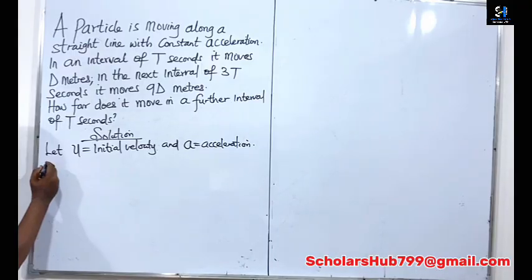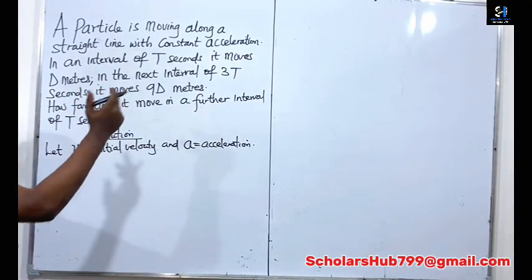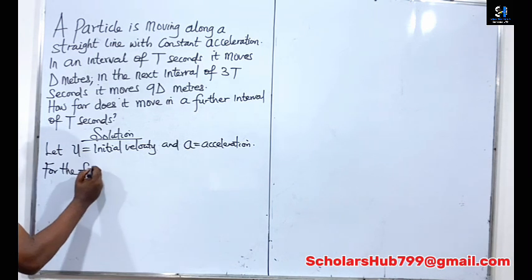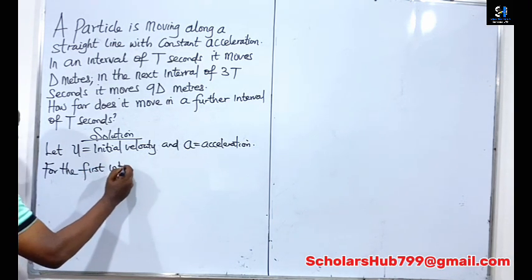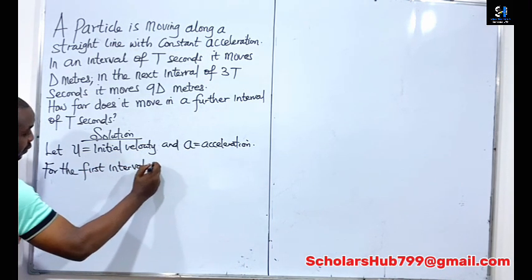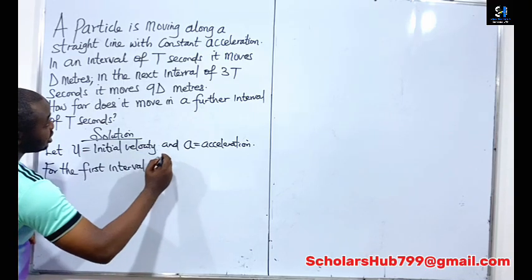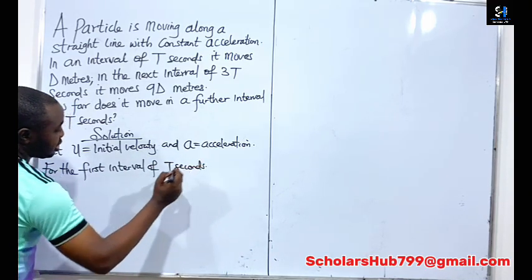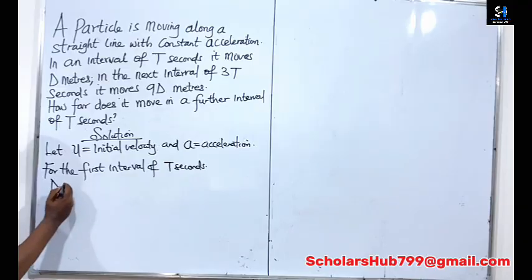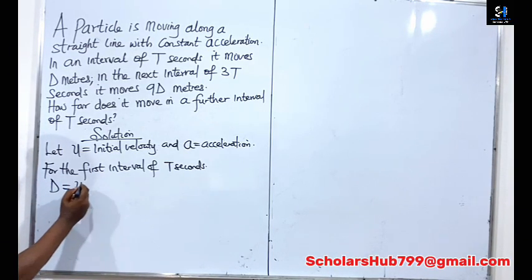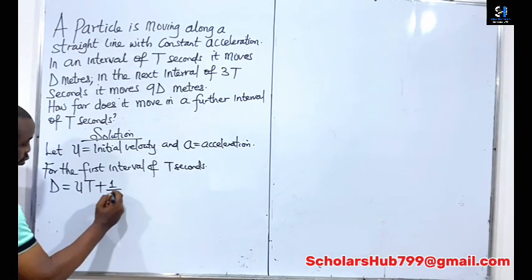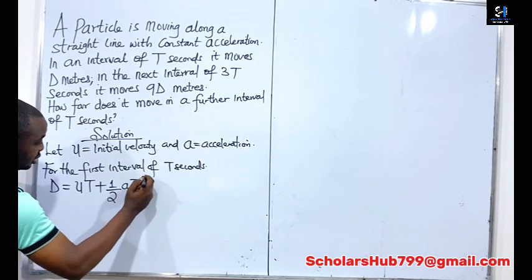Now for the first interval of t seconds, we know that the distance formula will be u multiplied by the time t plus 1/2 of a t squared.